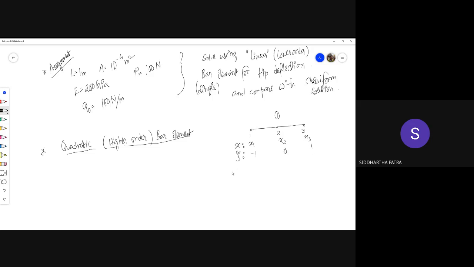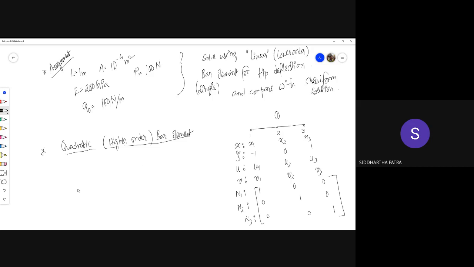And then you have your u values, u1, u2, u3, variation, of course, v1, v2, v3, and you would be having three shape functions. So n1 goes 1, 0, 0, n2 goes 0, 1, 0, and n3 goes 0, 0, 1, forming the three-dimensional identity matrix.